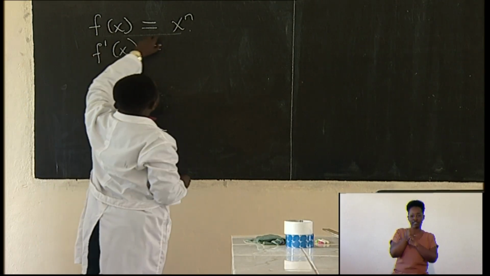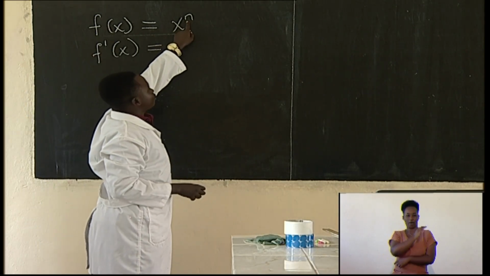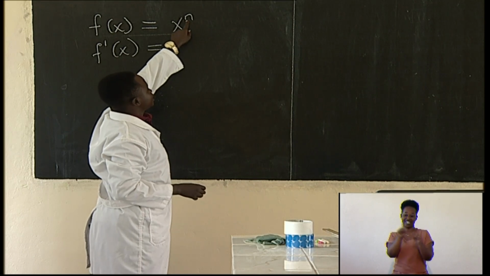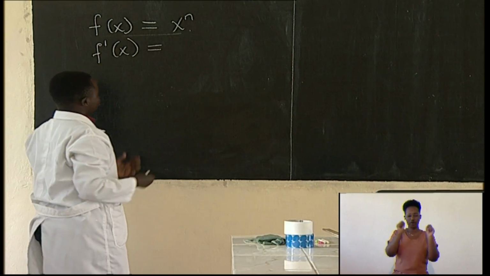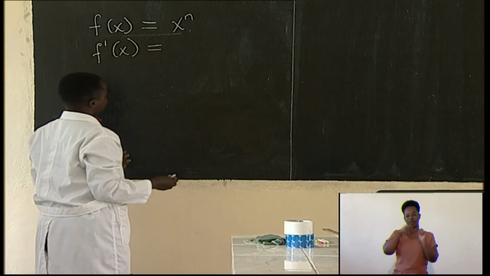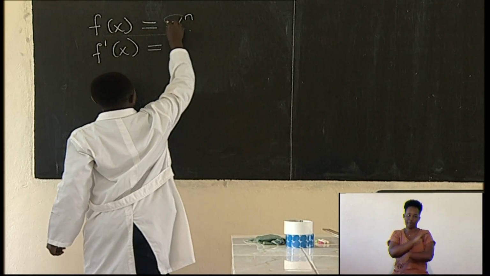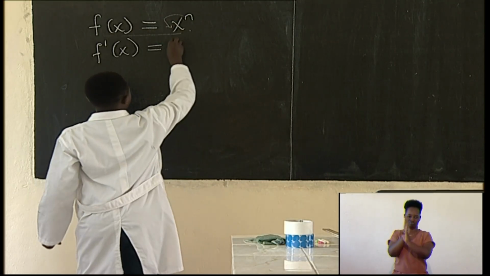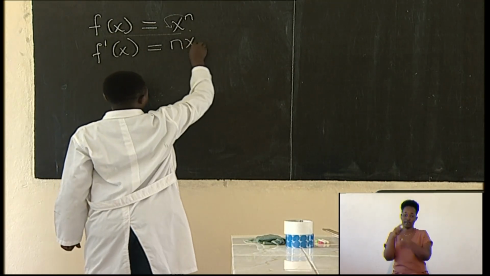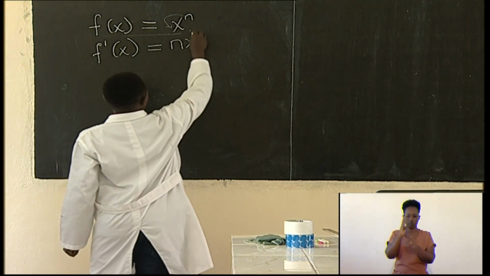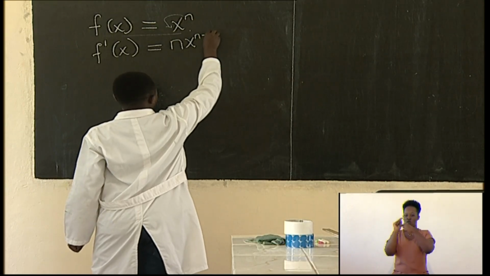So we have our x power n. This n is a power, an index. The formula that we shall be using in this lesson is: you bring this power to this side. So we have our n here, then you multiply with our x, then our power n, you subtract 1, you reduce it by 1.